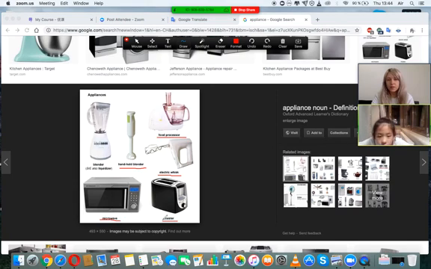And here, toaster and microwave. That's right.